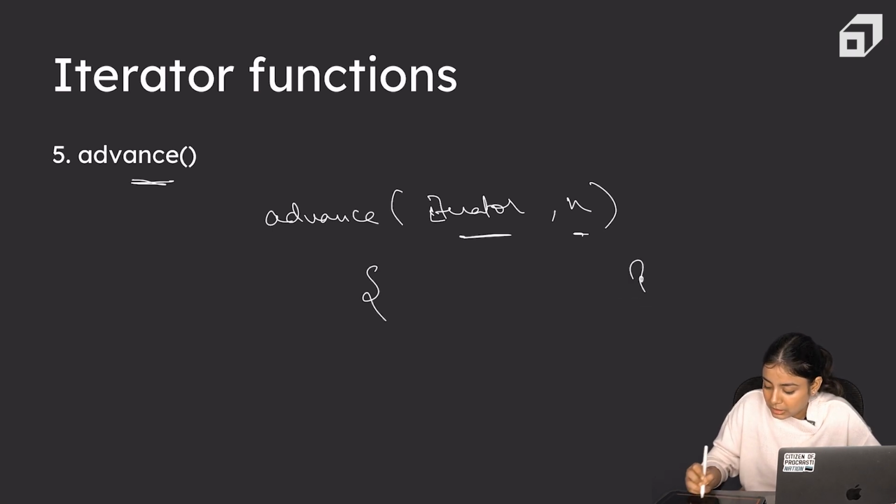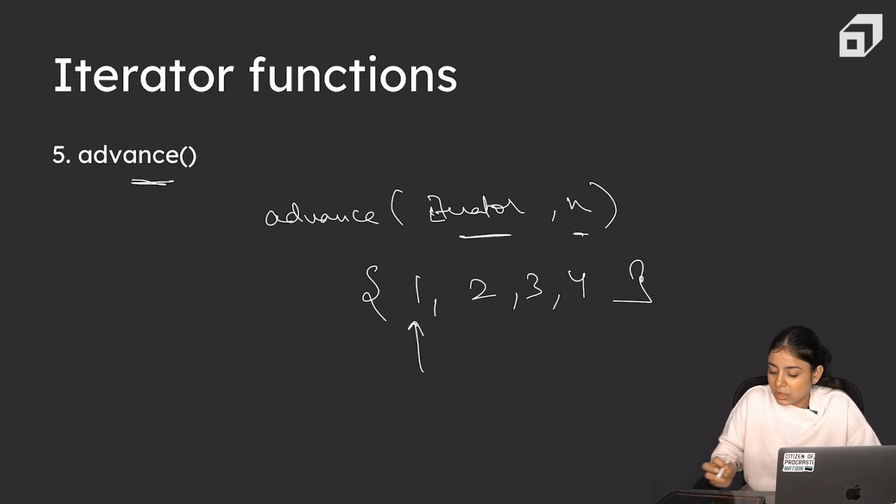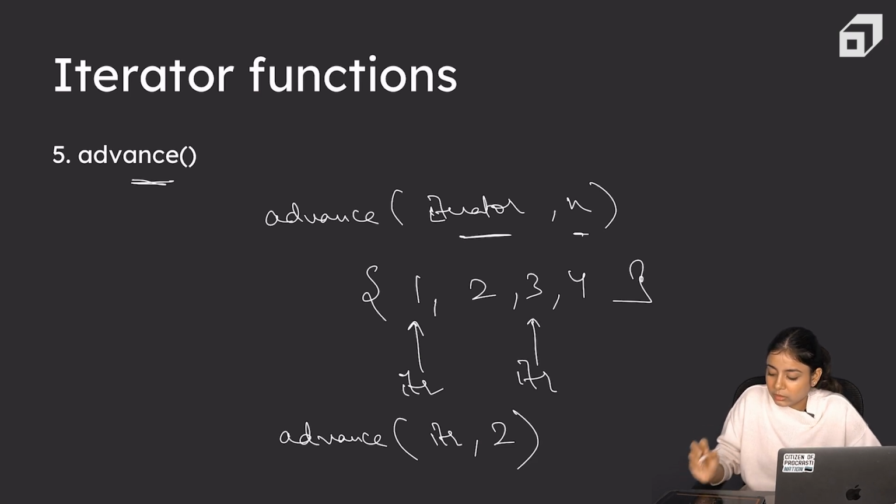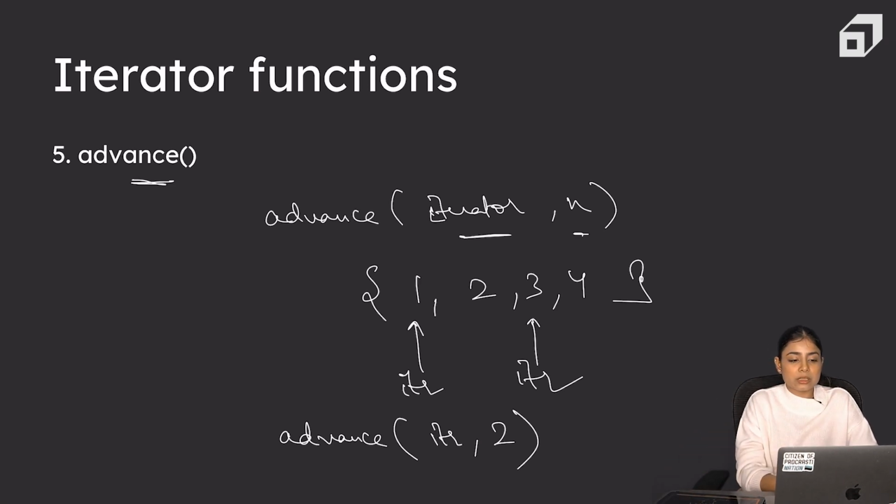So for example, in my list 1, 2, 3, 4, I have an iterator to 1, called ITR, and I say advance ITR by 2 steps. So this will move my iterator to 3. Okay, let's look at these functions in code now for better understanding.